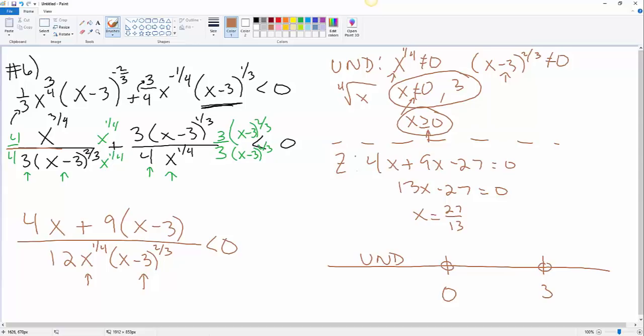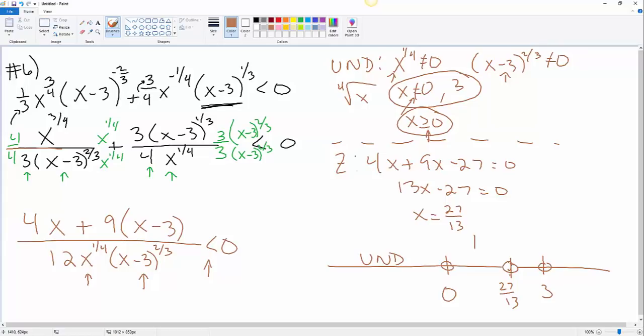And then at 27 over 13, we'll say that's right here. That's also an open circle, because it says right there, my zeros are open circle.